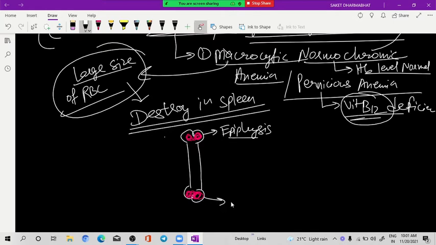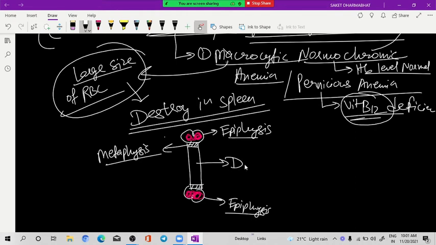This here, this part is called what? Metaphysis part. And this middle part is called diaphysis, also called the shaft part of the bone.